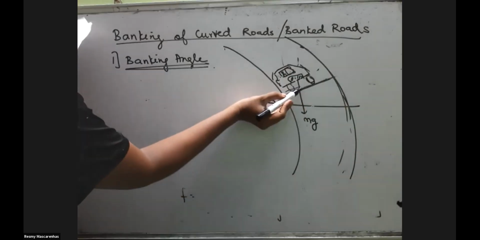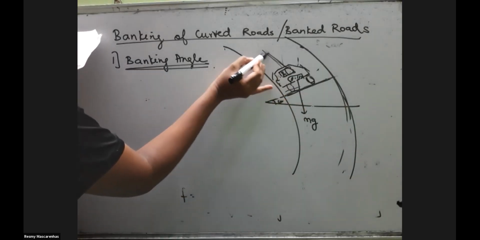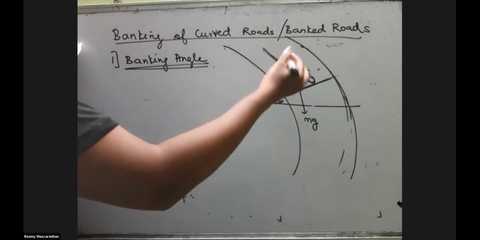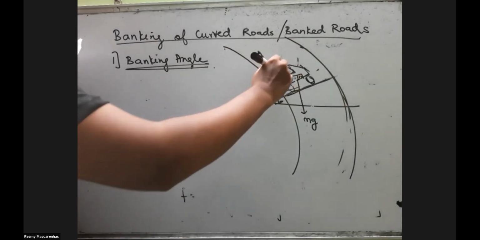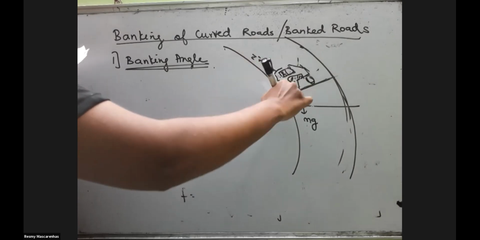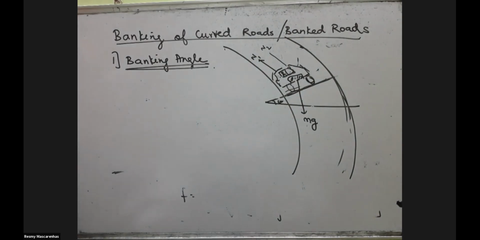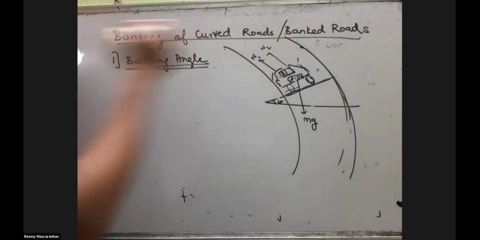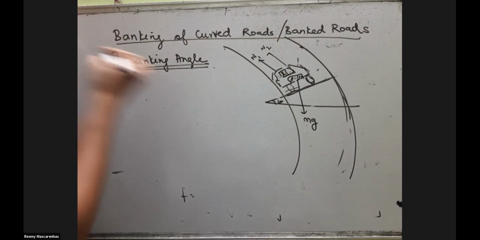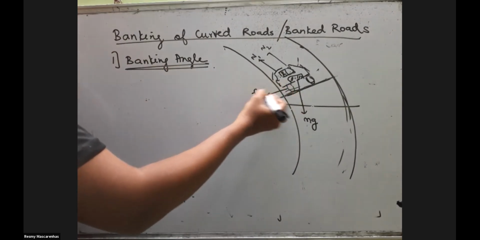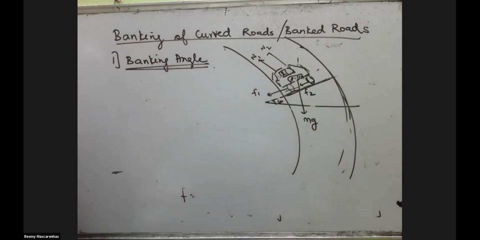So the angle will be like this, perpendicular to the road surface. So this would be N1 for tire 1, and this would be N2. This would be F1. We'll write this.